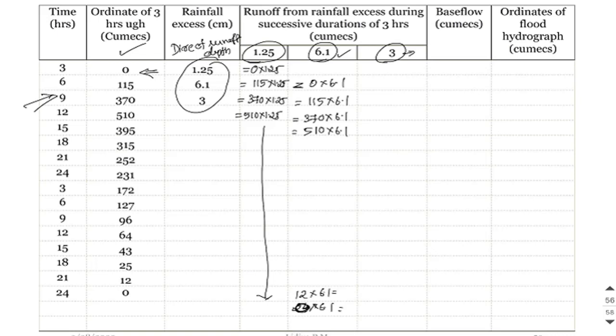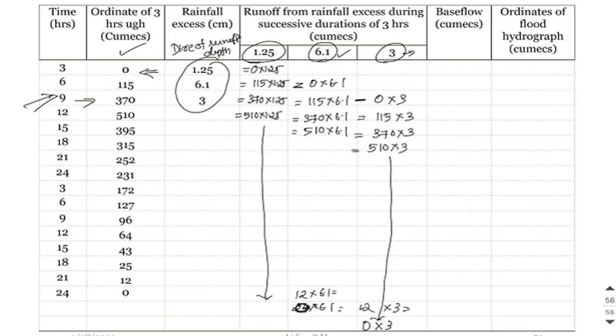It will start during hour 9, so you have to write from here: 0 into 3. Next it is 115 into 3, 370 into 3, and 510 into 3. Like that, calculate, ending with 12 into 3.